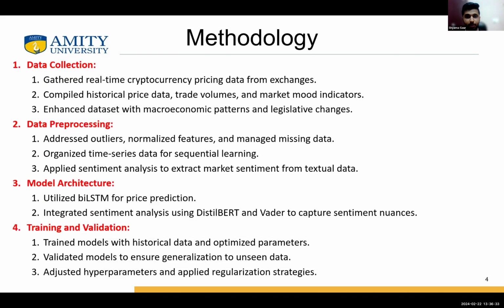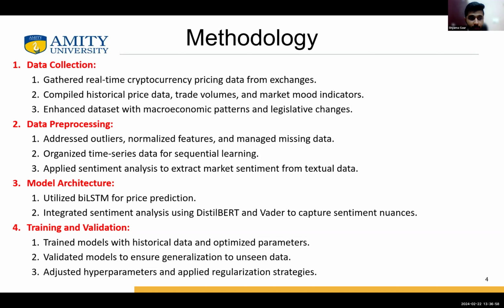Coming on to the methodology, the first major step was data collection. We gathered real-time cryptocurrency price prediction data from various exchanges, then compiled the historical price data, trade volumes, and the market mood indicators. We also enhanced the data with microeconomic patterns and various legislative changes.